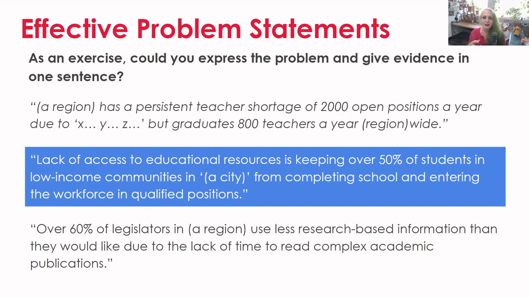We have some problems happening. The persistence is something that will naturally be addressed and elaborated later, but here we have a short sentence that captures the attention of the reviewer and lets the reviewer understand already that, okay, we're talking about teacher shortage, we're talking about a persistent problem, we're talking about capacity. The reviewer is already understanding all these things in this one sentence.